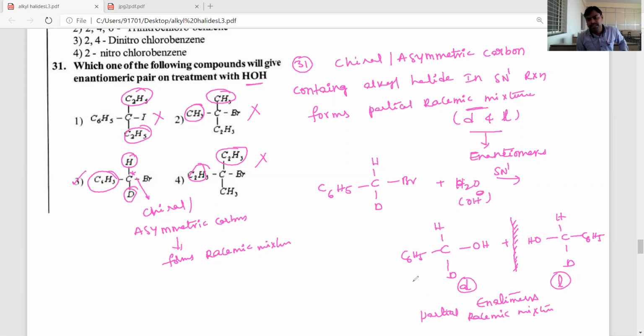For example, it may be 60% D and automatically 40% L. Partial means it's not exactly equal quantities of D and L. That's why it is called a partial racemic mixture, which forms in an SN1 reaction when the alkyl halide has an asymmetric or chiral carbon. So here we just have to identify which alkyl halide has an asymmetric carbon. The alkyl halide is the third one. Okay, then it is the answer.